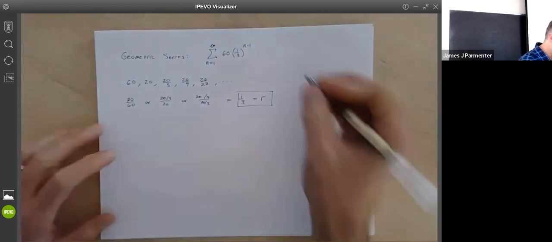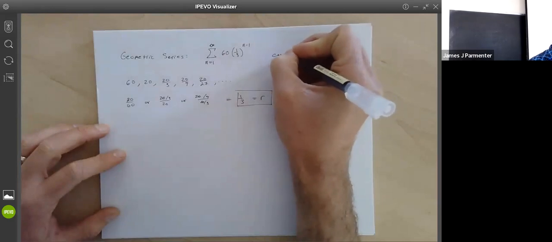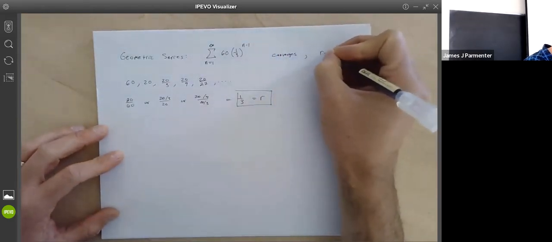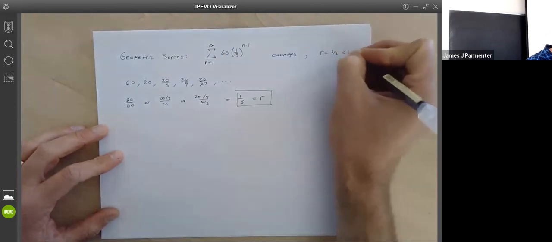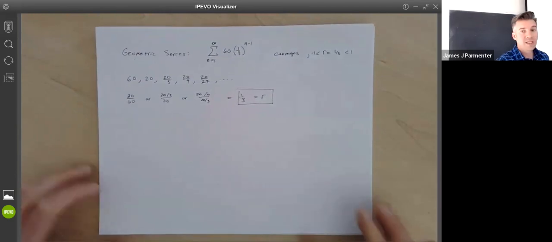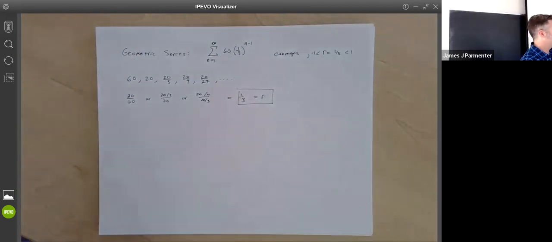That geometric series definitely converges because our r value is between 1 and -1. So this is kind of what's going to lead us into talking about the ratio test.